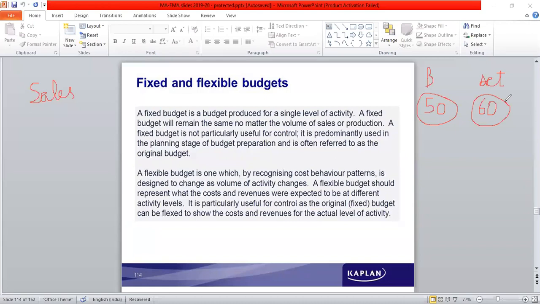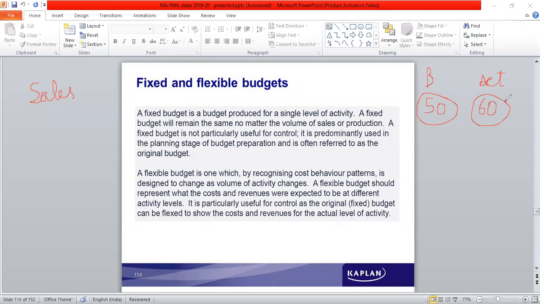Actual activity has already taken place. That cannot be modified to the budgeted level, but rather budget can be revised according to the actual activity. So when the budget is prepared, in itself it's a fixed budget. So they have prepared certain things at a fixed level of activity.